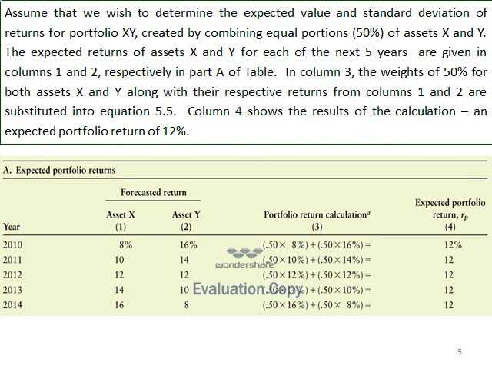Assume we have two different assets, X and Y, and we want to make a portfolio called XY by combining equal portions, 50% of assets X and Y at the same time. The expected rates of return of assets X and Y for each of the next 5 years are given in column 1 and column 2.